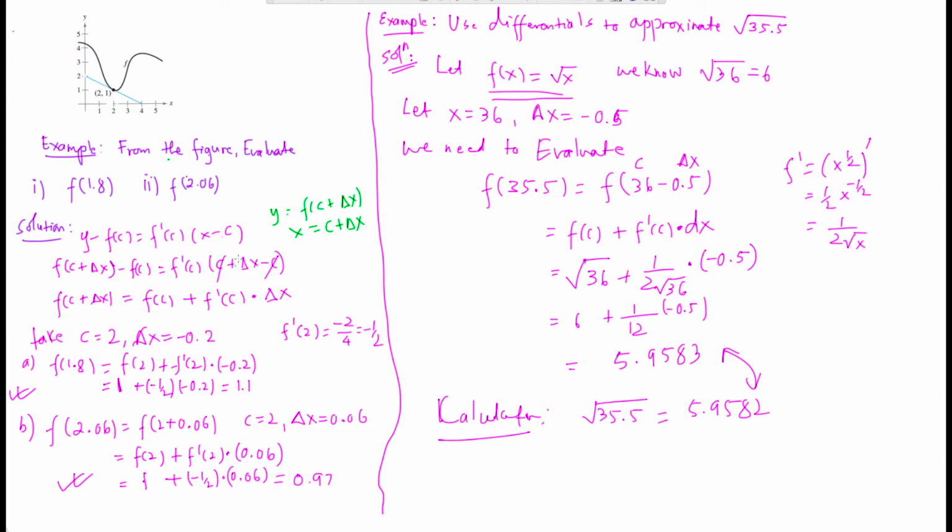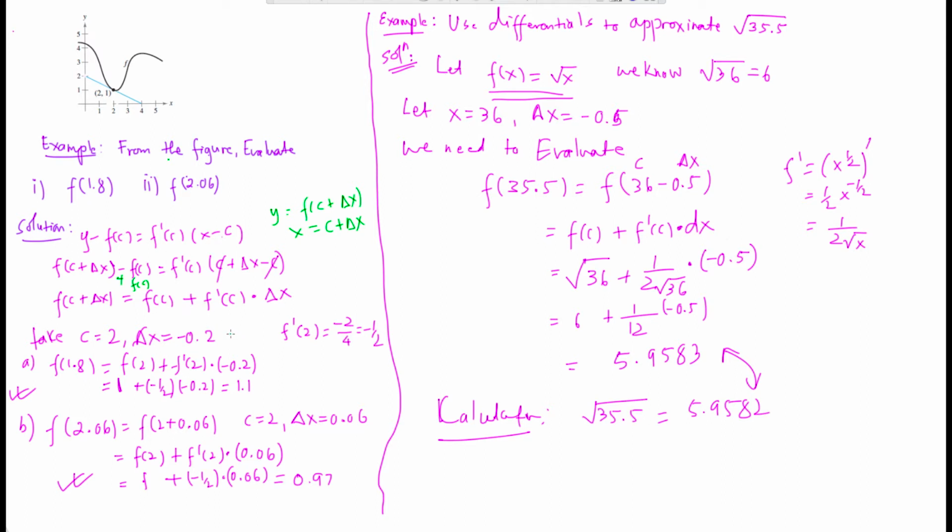Here you cancel c and c, then add f(c) on both sides. So what I get is f(c + delta x) equals f(c) plus f prime of c times delta x.